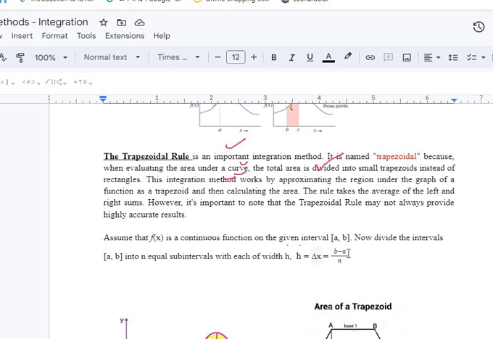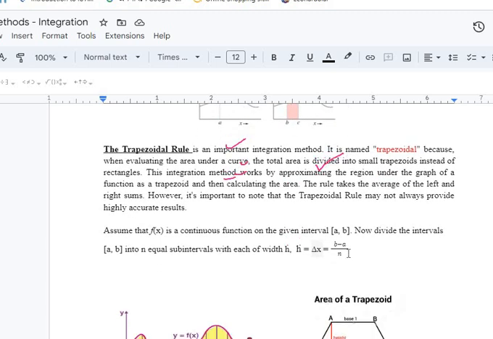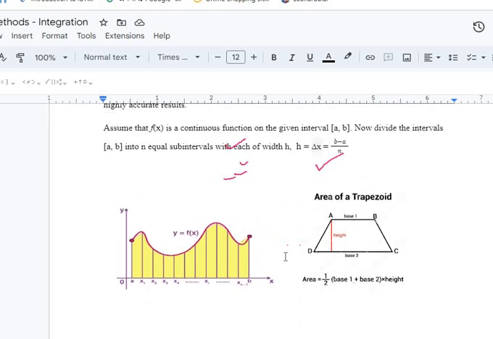To explain the trapezoidal method, let me discuss it graphically first. You have a function, say you are plotting y equal to f(x) with respect to x within the limit of a to b.